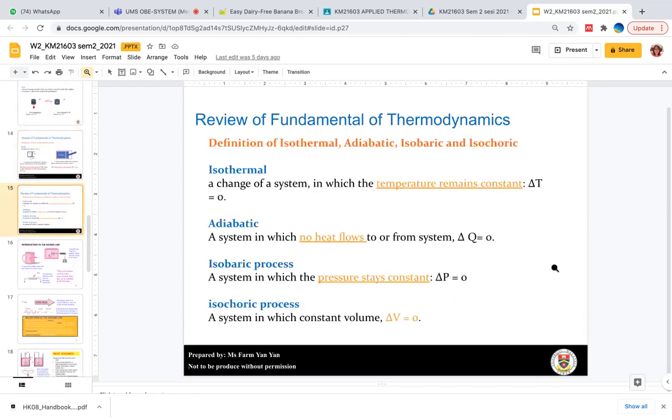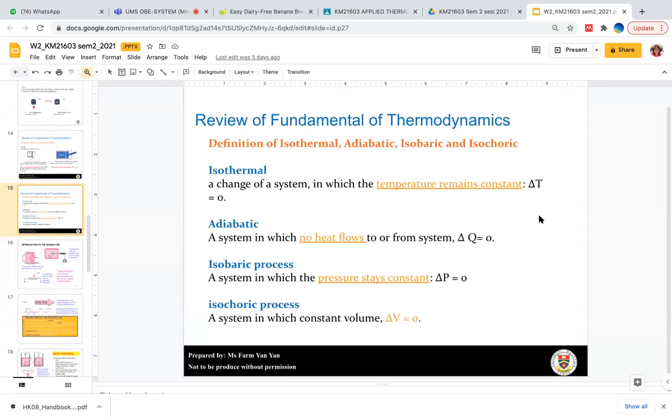Okay, so another thing you need to know is these few things. Isothermal, iso is same, thermal is heat. Heat is linked with temperature, isn't it? So iso same, temperature remains constant. A change of a system in which the temperature remains constant. So the change of the temperature equals 0. Adiabatic in this case means no heat flow can go into or be released from the system.